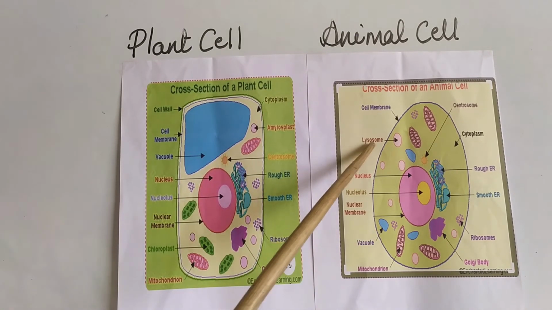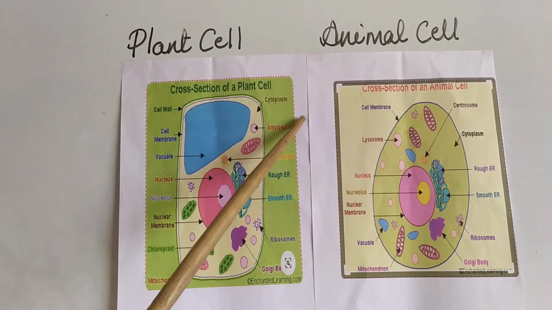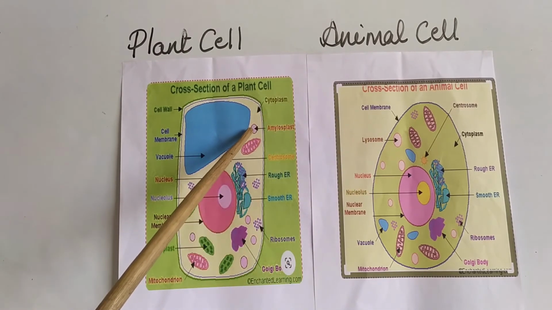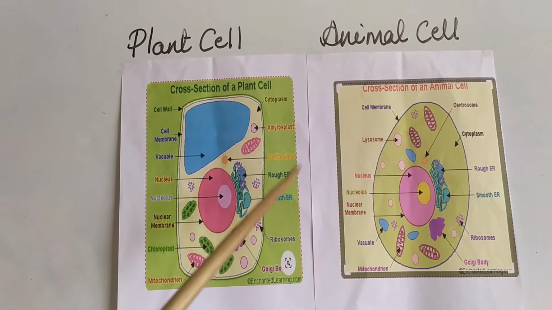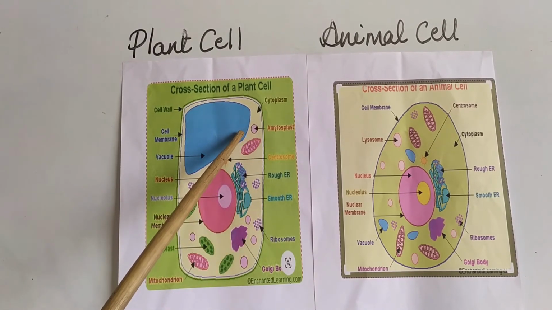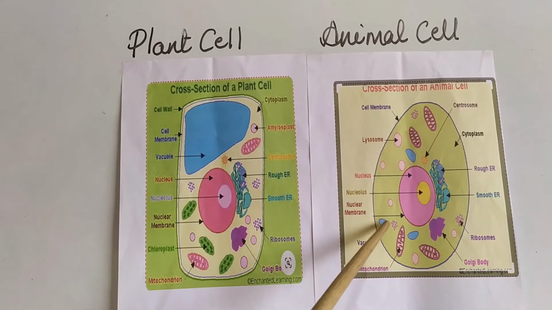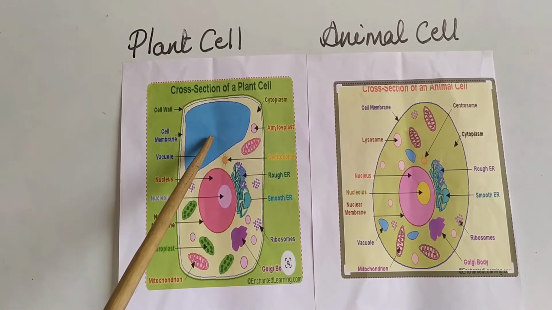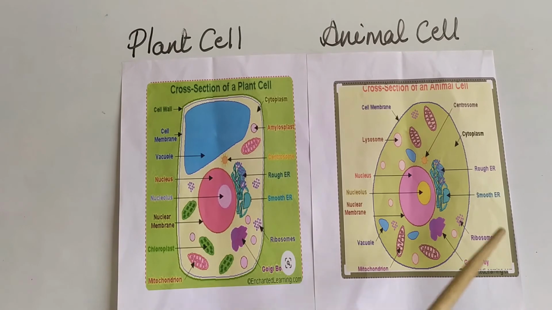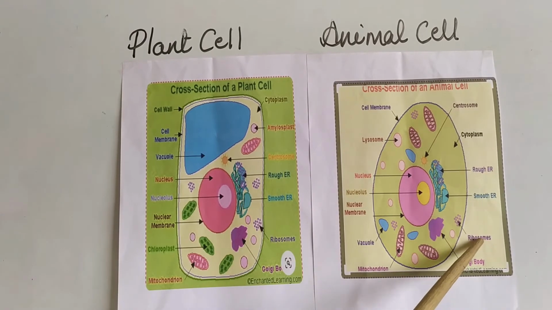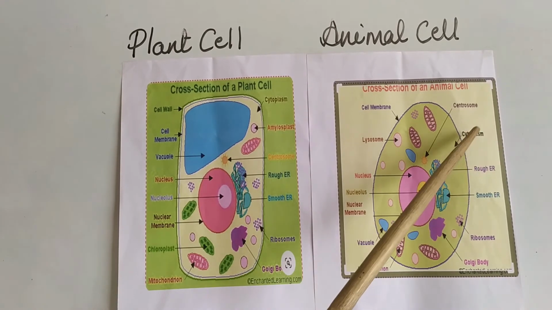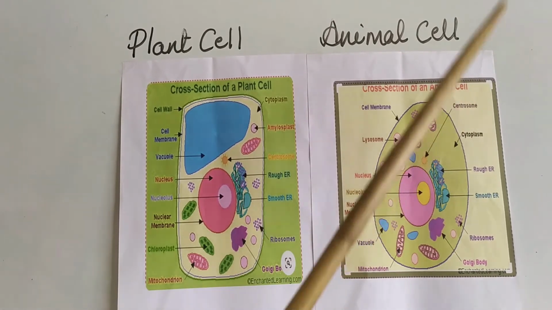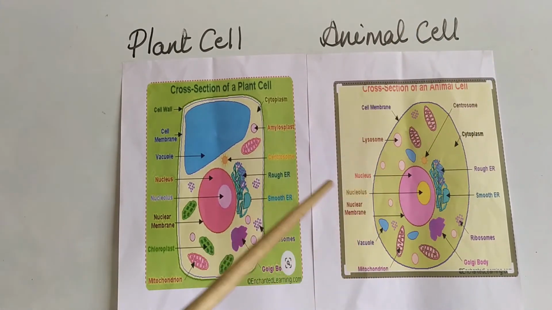Now here we talk about lysosomes. Actually, amyloplast is a type of lysosome, though it is not mentioned here. So this also has a lysosome. So the vacuole is very small compared to the plant cell. It has mitochondria, Golgi body, ribosomes, smooth endoplasmic reticulum, rough endoplasmic reticulum, cytoplasm, and the centrosome.